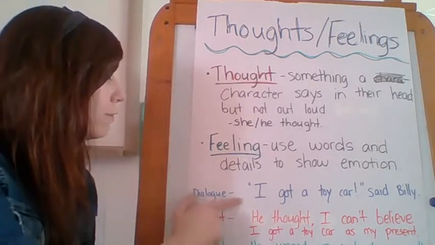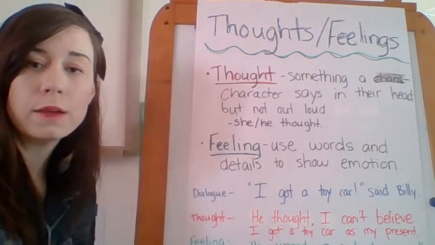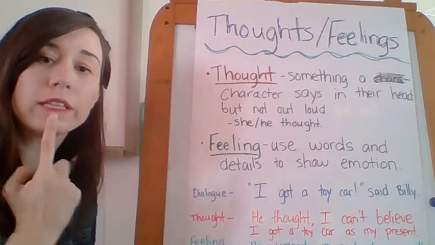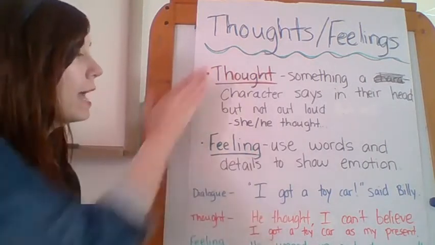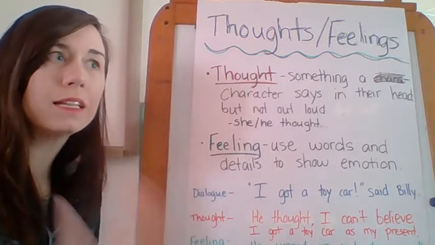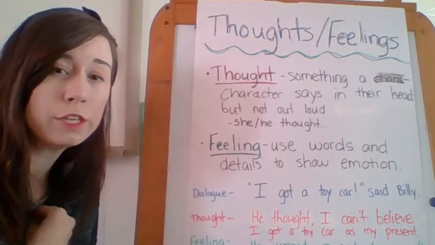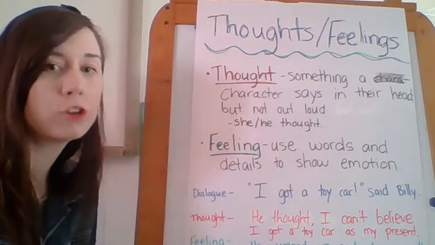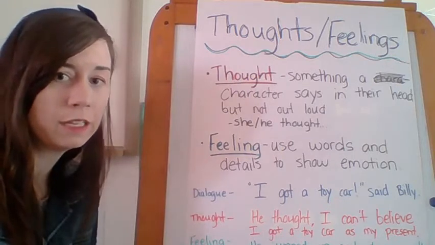And it's very different from dialogue, because dialogue is what the character says out loud. So, by adding these two things to your story, you're telling the reader more. You're giving the reader a special view inside of your character of what they're thinking and what they're feeling.